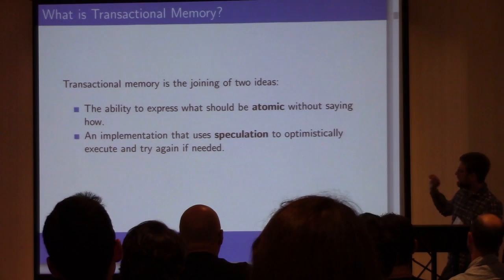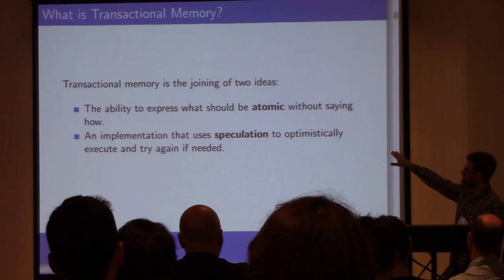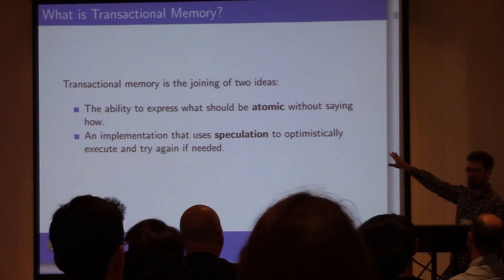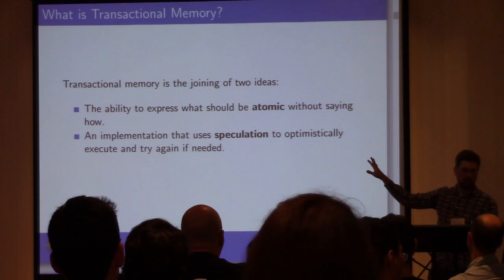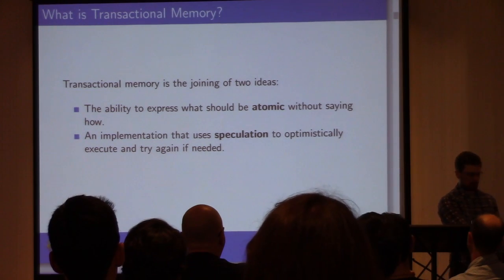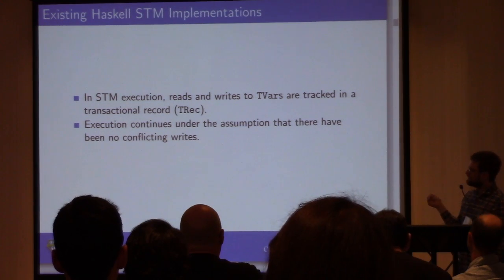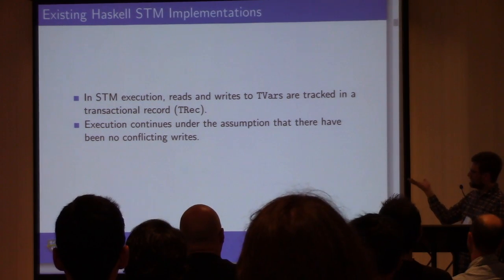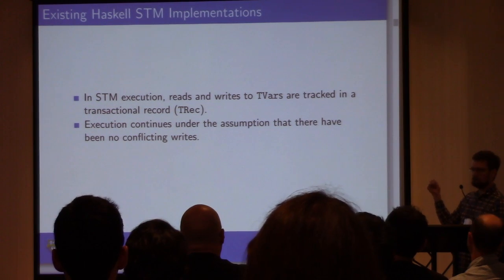Haskell does an excellent job of expressing this atomicity much better than you can do without going through a lot of hoops in other languages, and that's really great. It's part of the reason why there are lots of users of STM in Haskell. Under the hood, the STM monad, when it's executing, is going to do reads and writes to transactional variables.